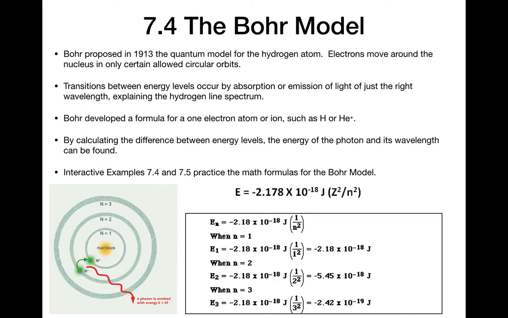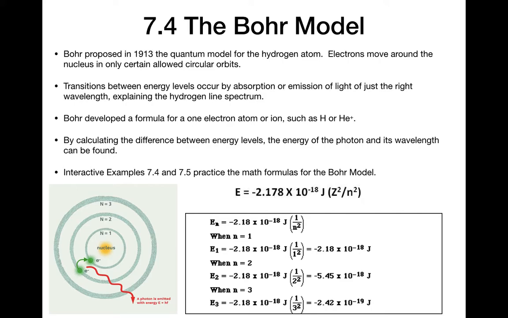The Bohr model was actually able to explain the hydrogen spectrum. Bohr in 1913, right after Rutherford finds the nucleus of the atom, proposes the quantum model for the hydrogen atom. He quantizes the electron energy levels and says that electrons only move about the nucleus in certain allowed circular orbits.